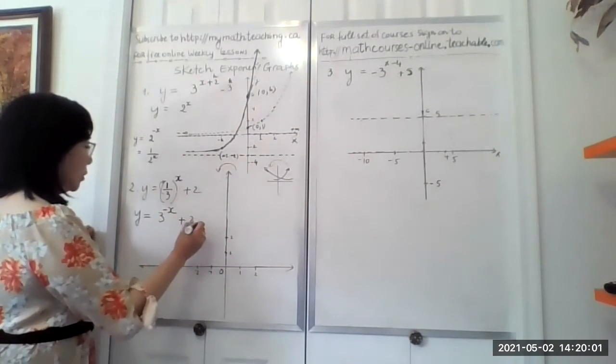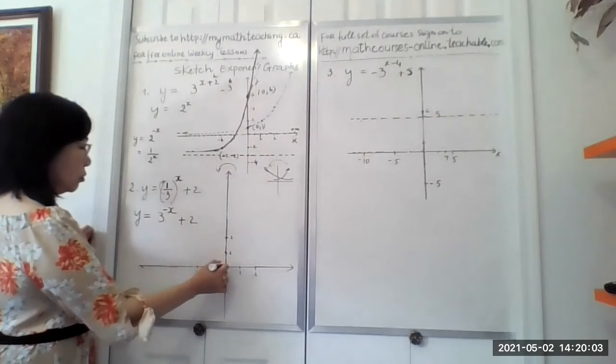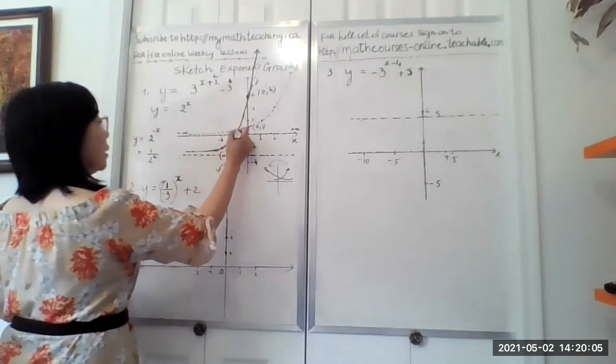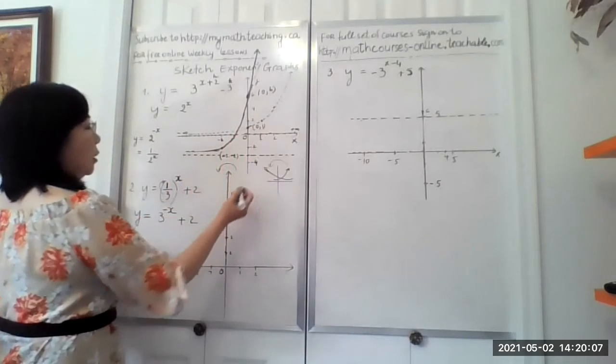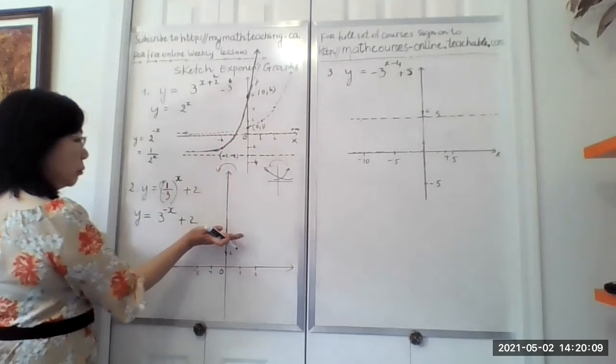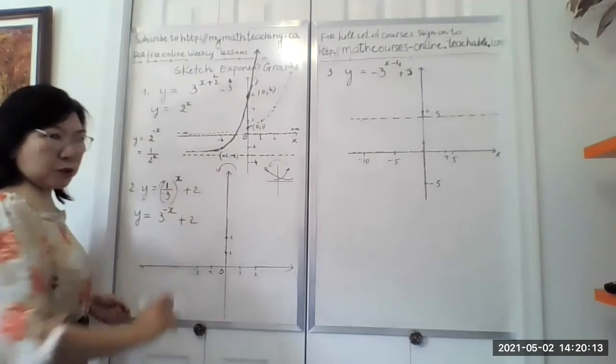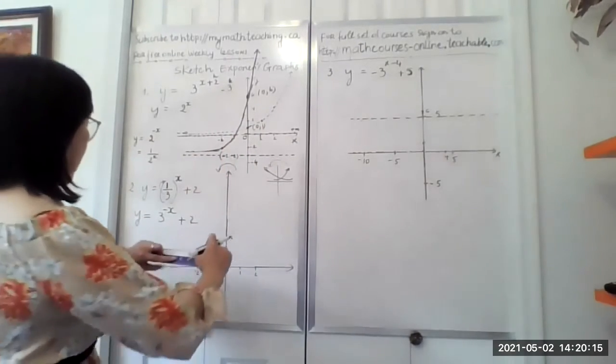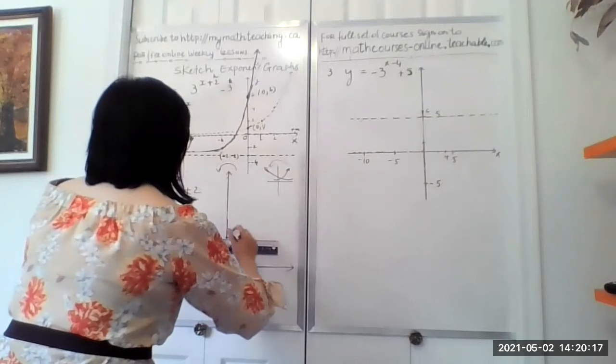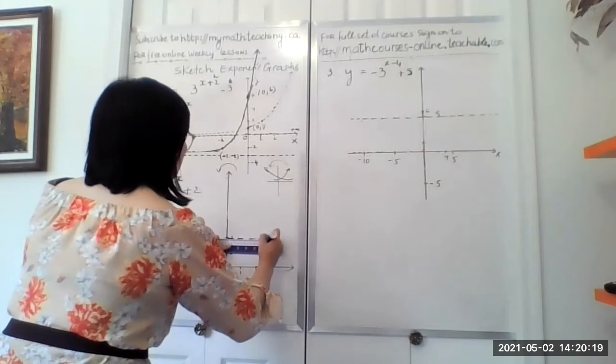We also notice that our horizontal asymptote, instead of 0, now has a vertical shift up by 2 units. So I'm going to mark the horizontal asymptote here.